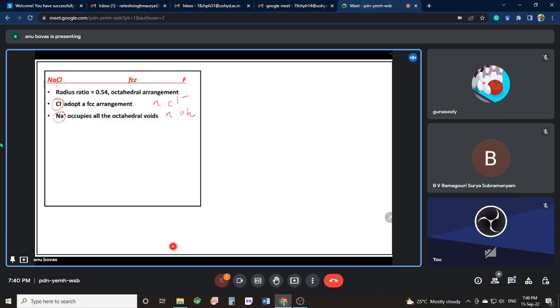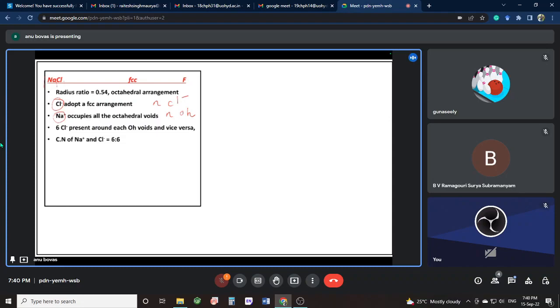Okay, so what we saw till now, there is one octahedral void per motif in a close packed structure, and Na plus ions occupy all octahedral voids. Now, we saw that it has an octahedral arrangement, right?